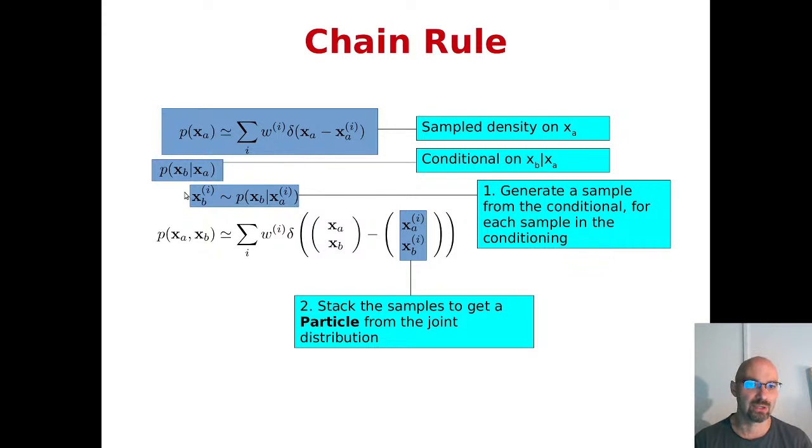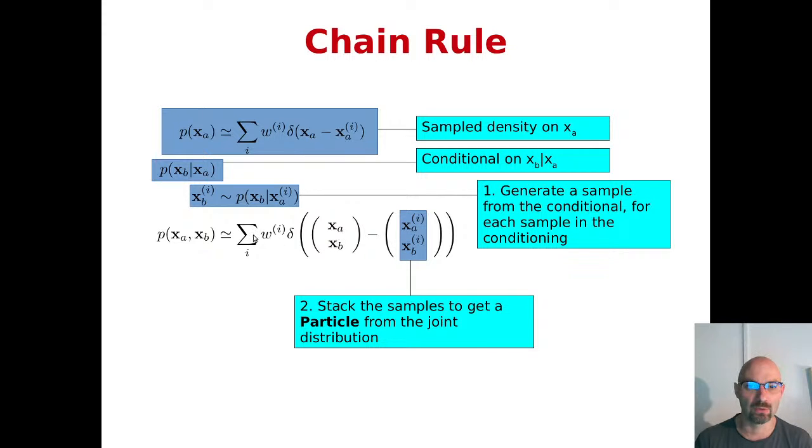So I generate a sample from the conditioned distribution, because I said that I'm able to generate samples from here. This is a constant. And this basically gives me the other part of my joint distribution, which is this part of the vector.